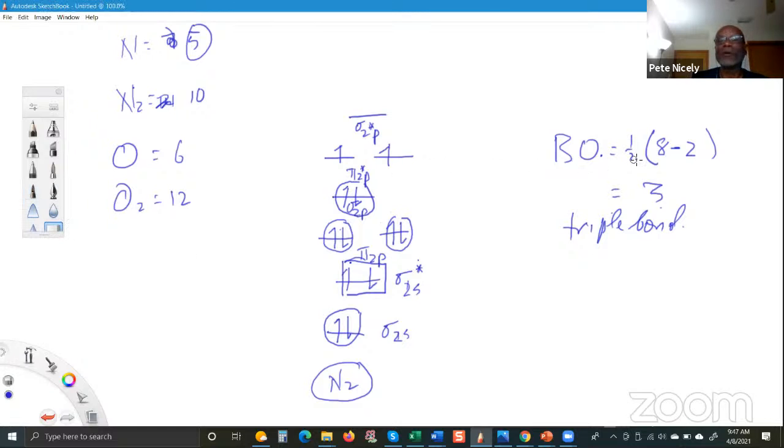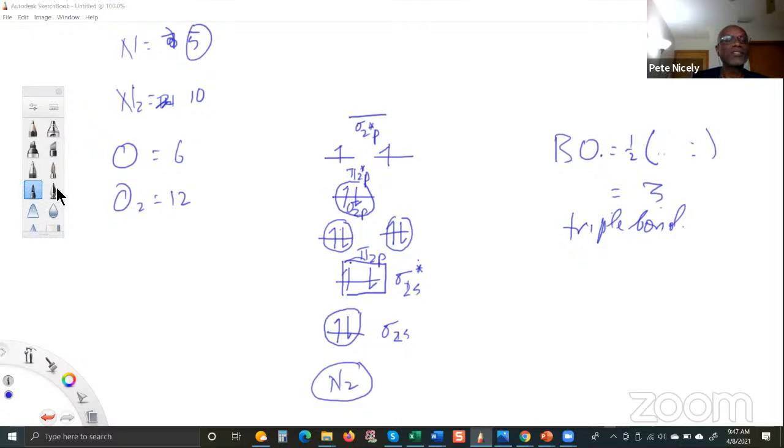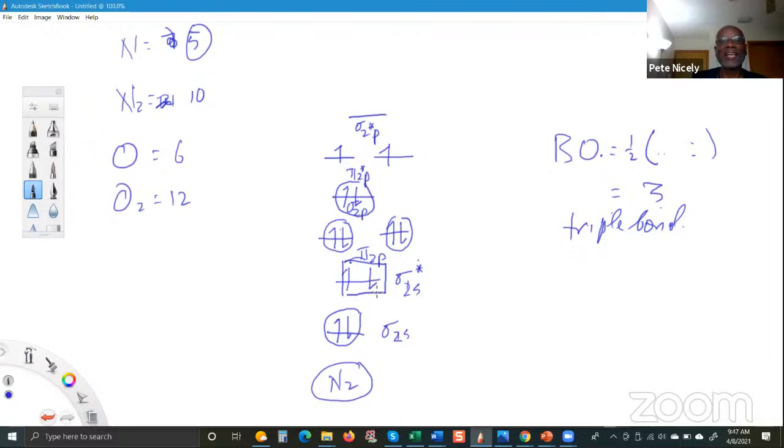So if we were to calculate the bond order for this structure, that would be equal to half the total number of bonding electrons, which would be 2, 4, 6, 8, as we said before, minus the total number of anti-bonding electrons, which would be 2 plus 2, which would be 4, which means that the bond order for this structure will be half of 8 minus 4. 8 minus 4 is 4, half of that is 2.